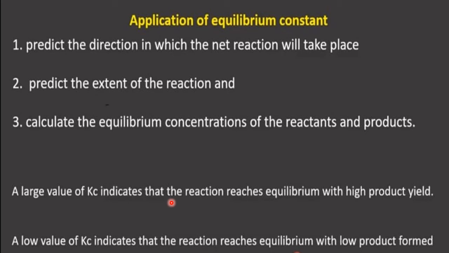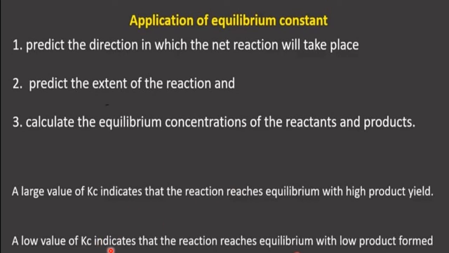Because when you write Kc, what term comes in the numerator? Products. So suppose the products are 100, then the reactant will be 1, because the reactants are completely converted into products. So the products are higher, which means we can get a high yield of product because the Kc value is higher.